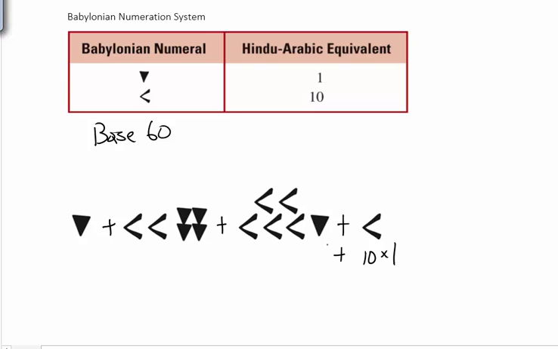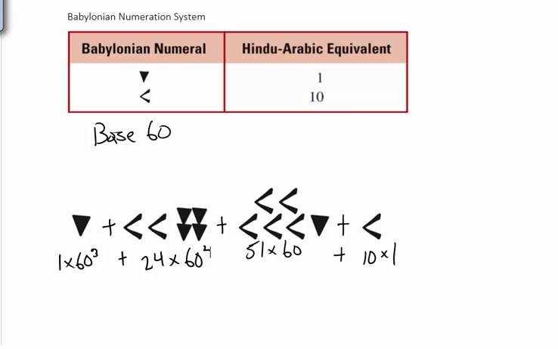And then we're going to add that to this next one, which is, here we have, what is that, 51 times 60. Then we have 24, but it's 2 positions over, so it's to an exponent of 60. So 24 times 60 squared. And then 1 times 60 cubed. Okay, so I'm going to use a calculator to kind of simplify this out.